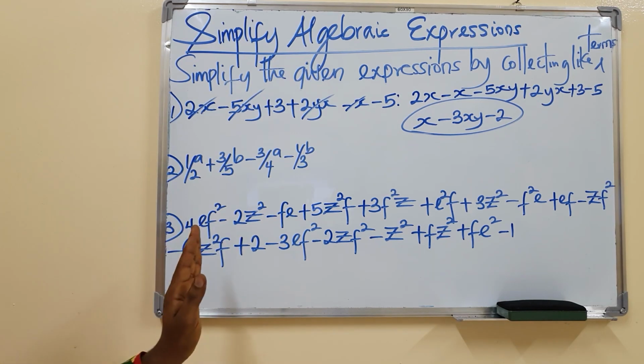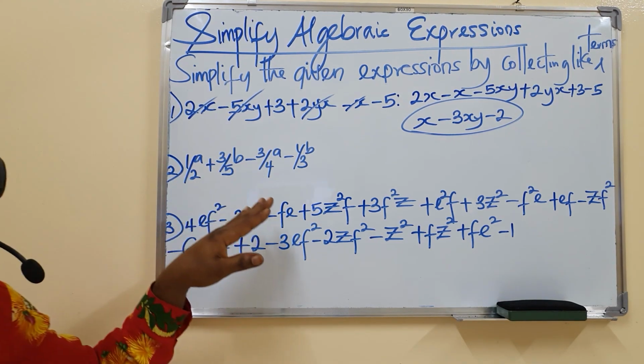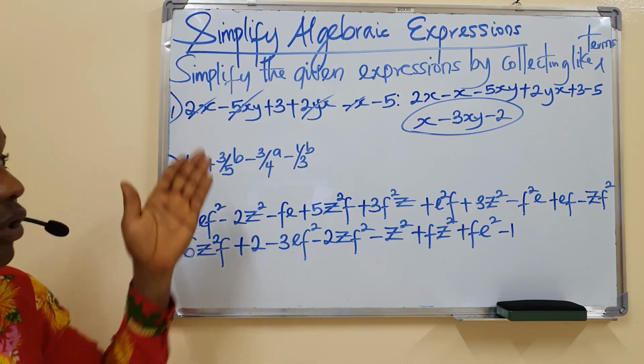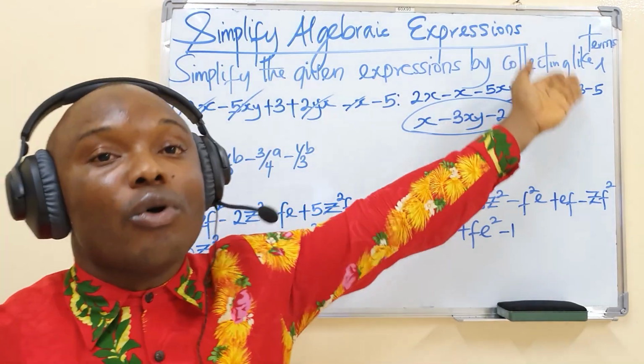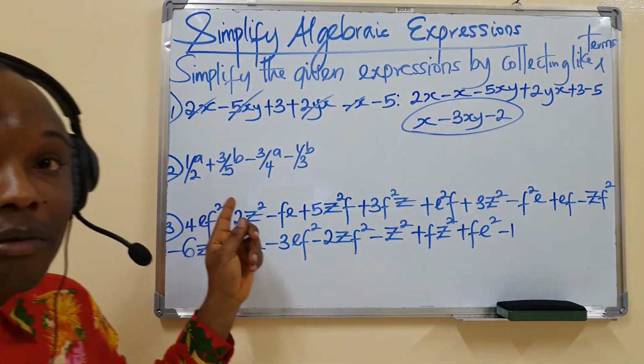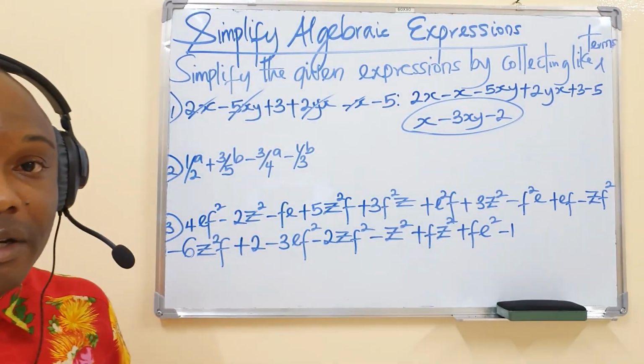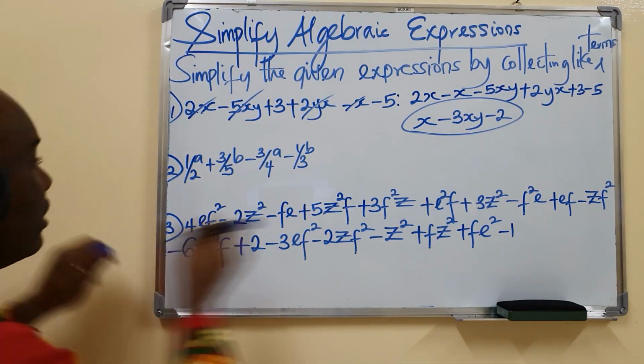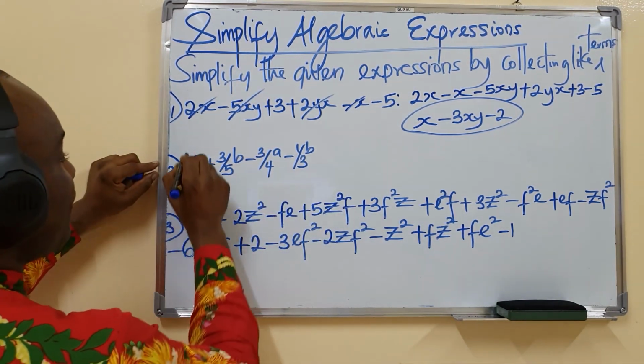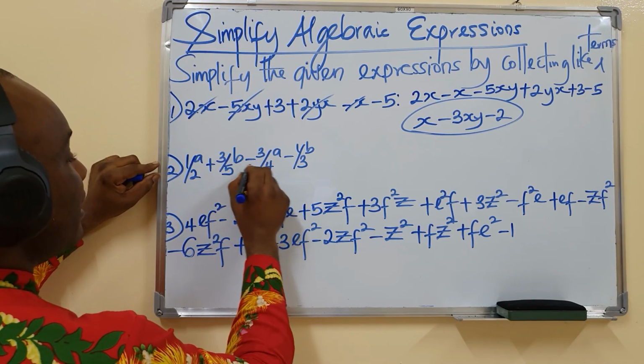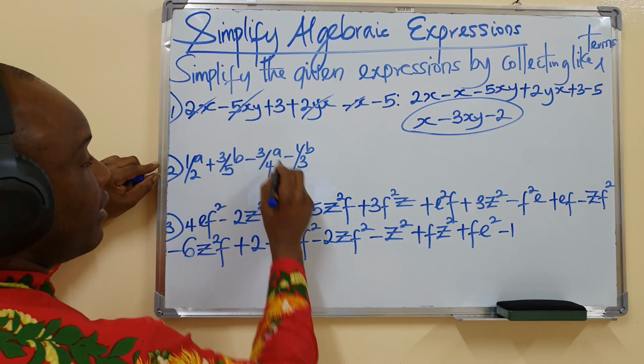Number 2 is a fraction. This is actually very easy to solve. But remember, the collecting like terms skill alone will not be able to solve this problem. You also need your fraction skill. So bring it up. Let's do it. First, we have half of a. The like term is negative 3/4 of a.